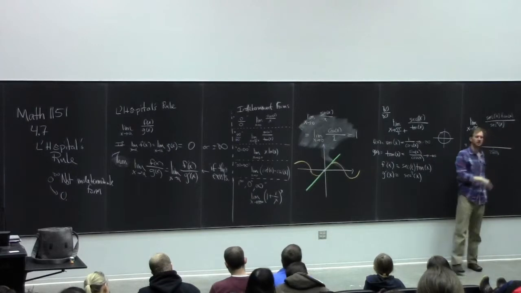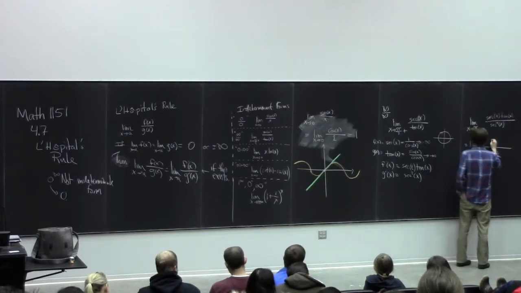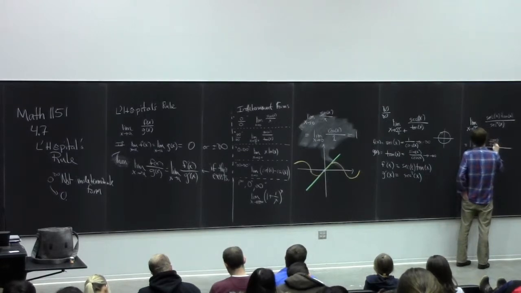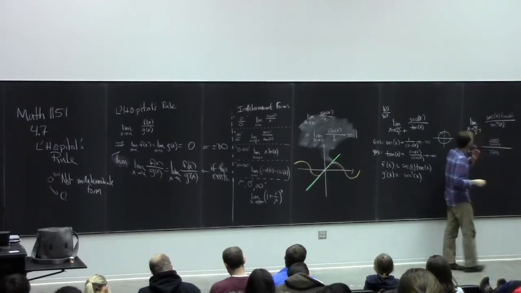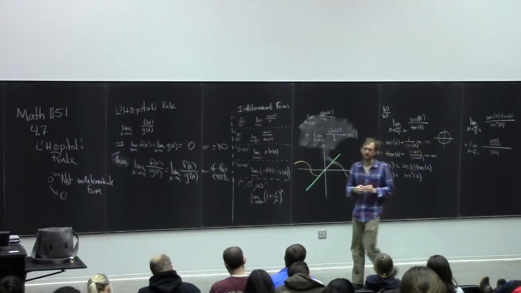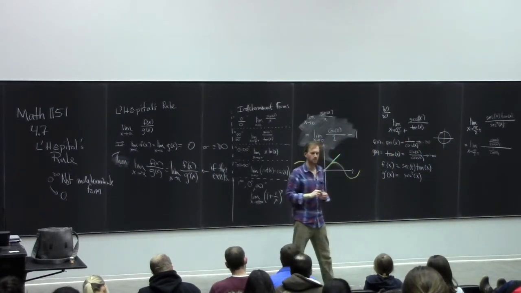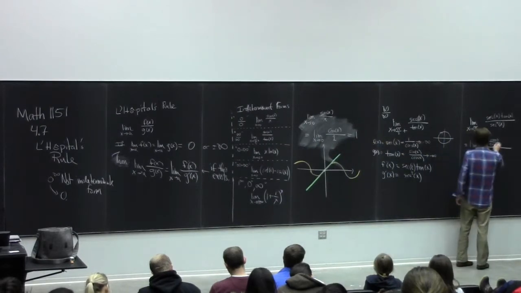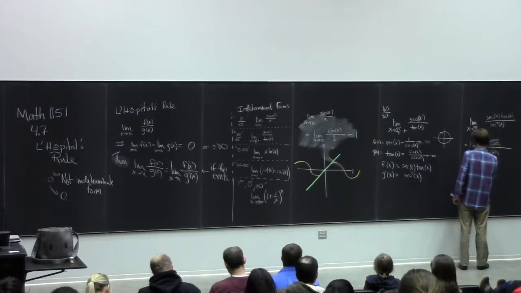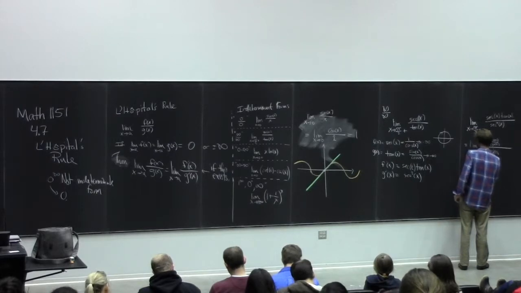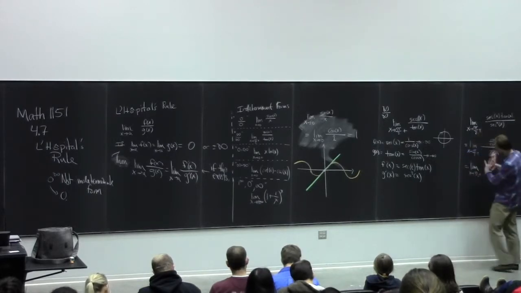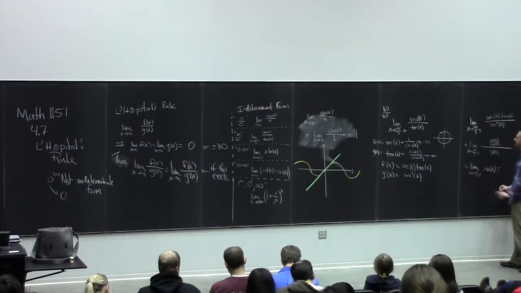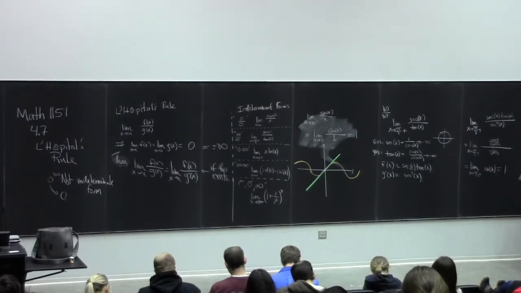And tangent is sine over cosine, over cosine of x. And so what's going to happen now? Yeah, these cosines here will cancel, and I'll be left with the limit as x goes to pi over 2 from the right of sine of x, and even I can calculate that. That's equal to 1.